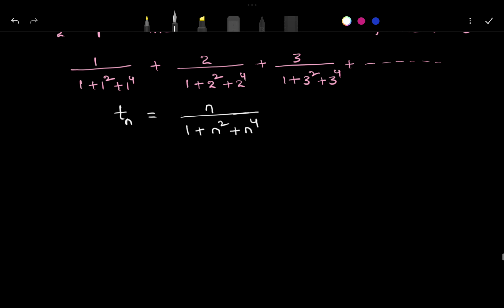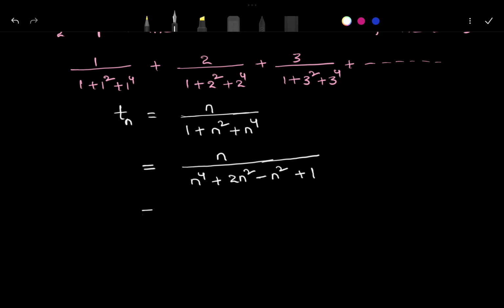Now, how can we simplify this? Look at this one. Here n whole divided by n power 4 plus n square. I will write that n square as 2n square minus n square, plus 1.